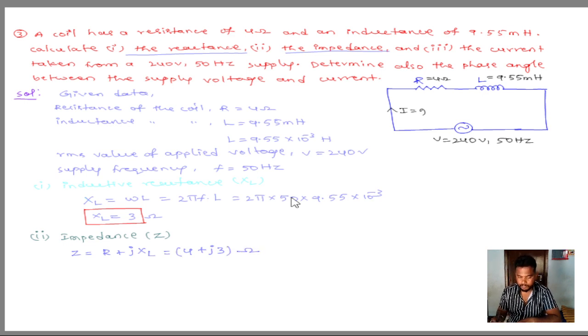And this is in rectangular form. And we need to write Z as mod Z at an angle phi. Then we know the magnitude of Z and phase angle. Mod Z at an angle phi is the polar form, and this is the rectangular form. We need to convert rectangular to polar.